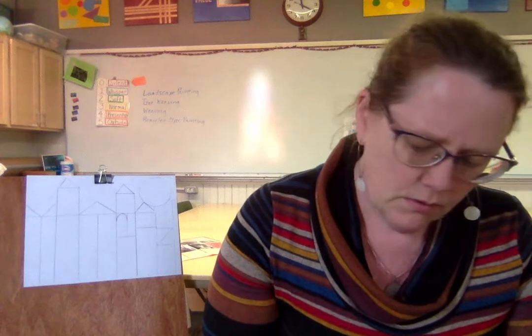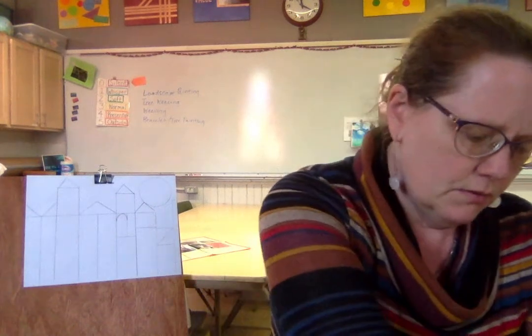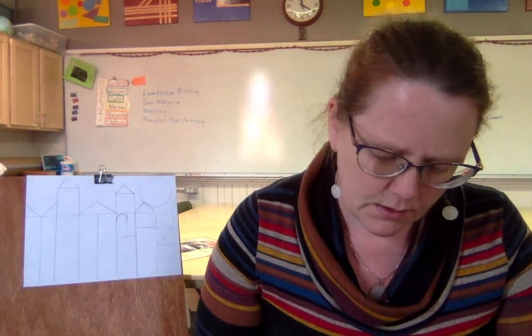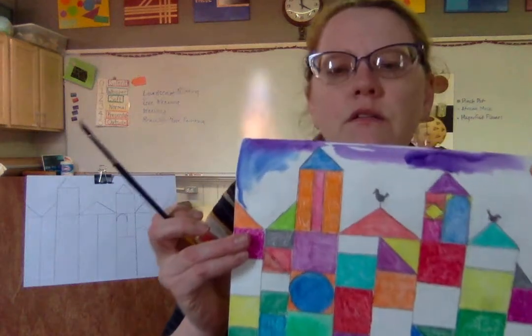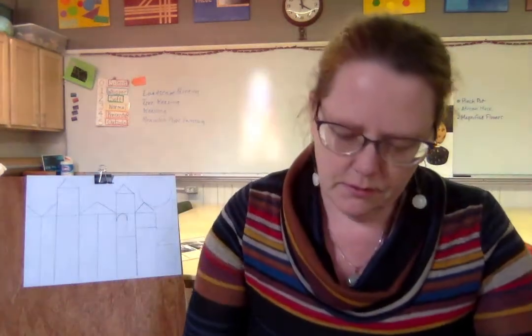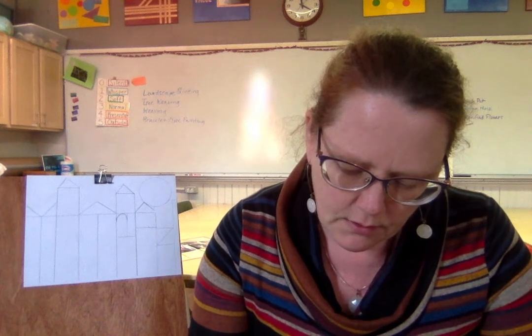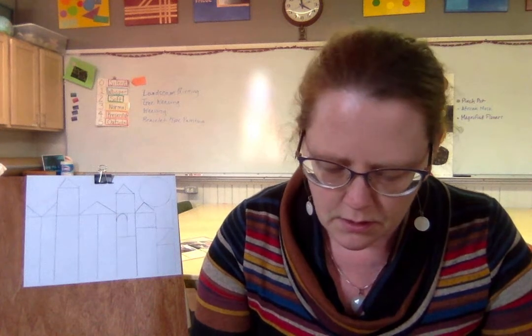And I will show you that soon. And then I'm going to add the blue. And I'm going to mix those two together. So there's the beginning of my watercolor, and I saw it drip right away. So I'm going to put it down, smooth that out, and I will show you what I come up with.